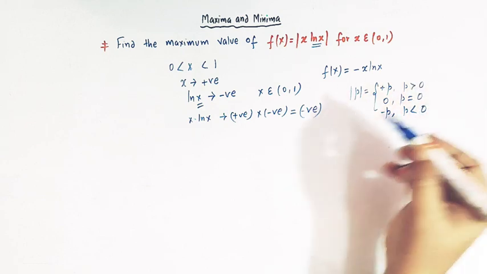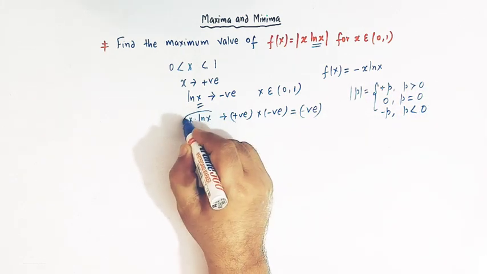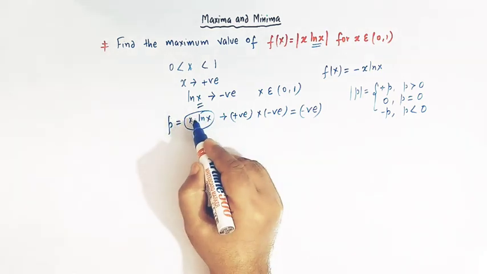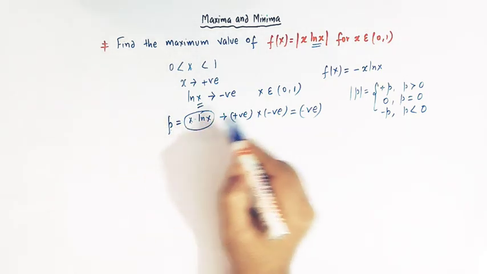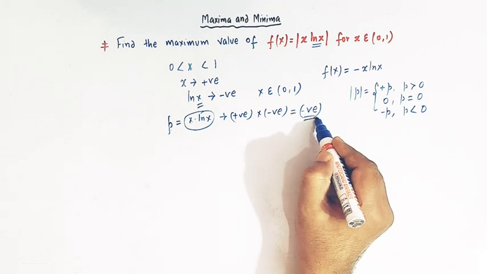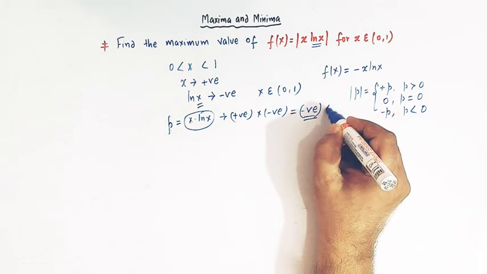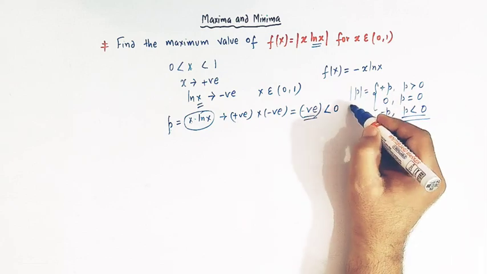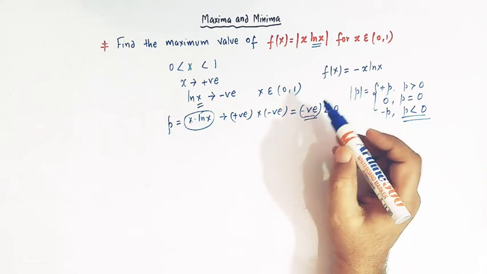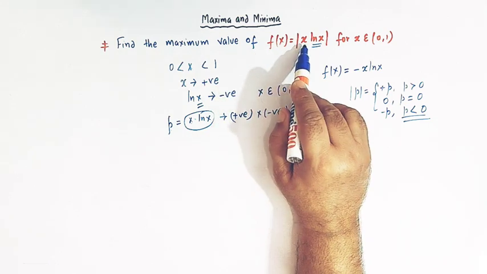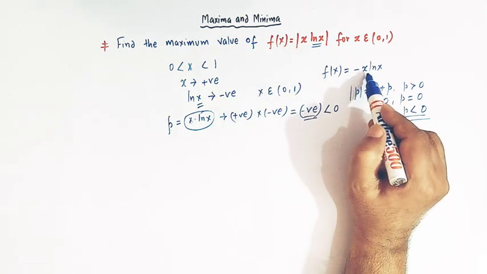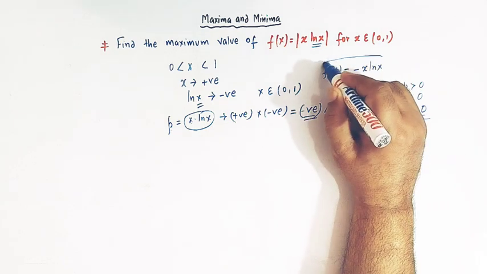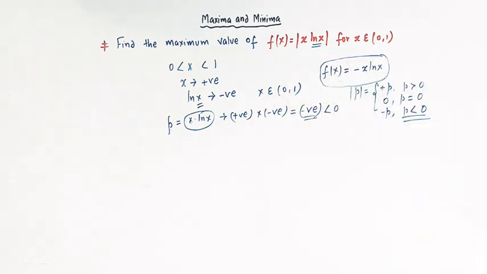Here, if we take the product x times log of x as p, then p is negative, so p is less than 0, and mod of p is negative of p. That's why f of x is equal to negative of x times log of x. So now we have this function.